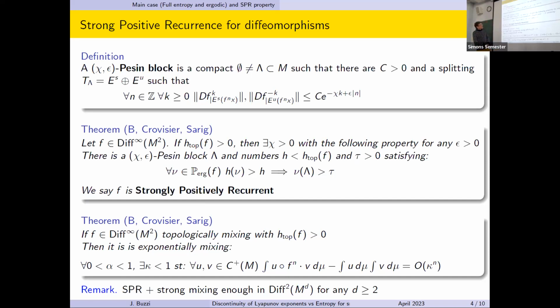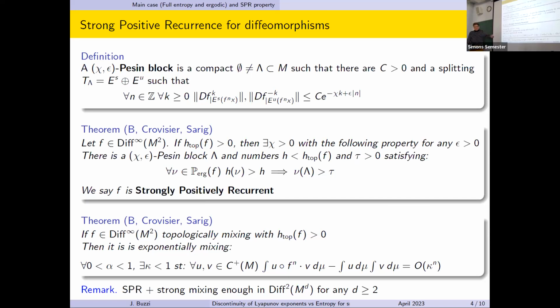We have contraction by chi times the iterate K, so the stable exponent will be less than or equal to minus chi, and symmetrically for the unstable direction.